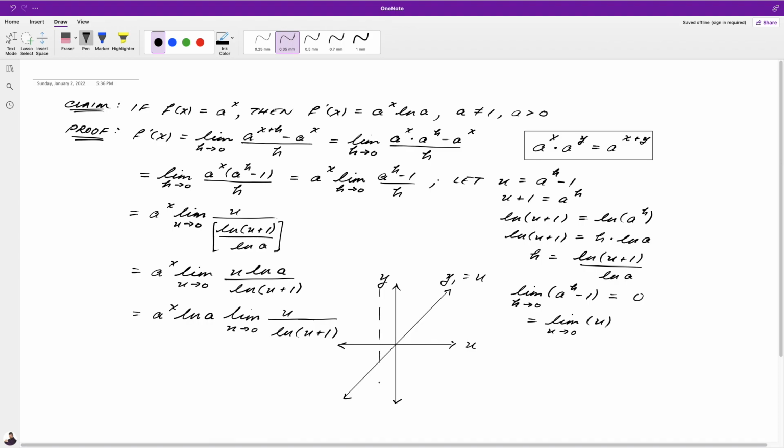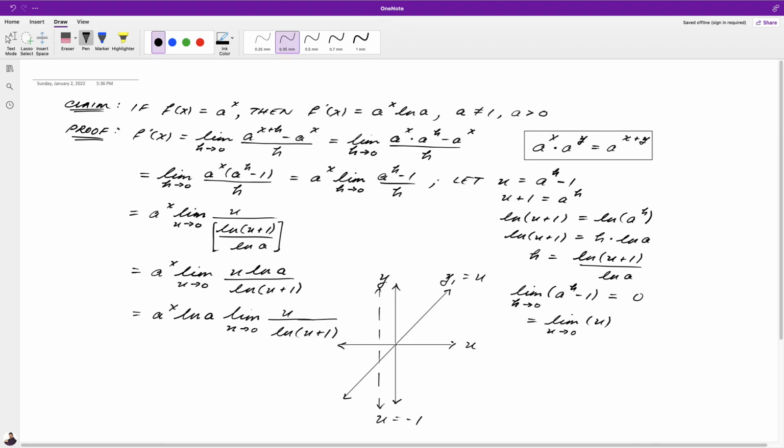So I'm going to shift that vertical asymptote over here. So this is the asymptote u equals -1, keeping in mind this is the u-axis, this is the y-axis. And if I let u equal 0, I have the natural log of 1, which is 0.